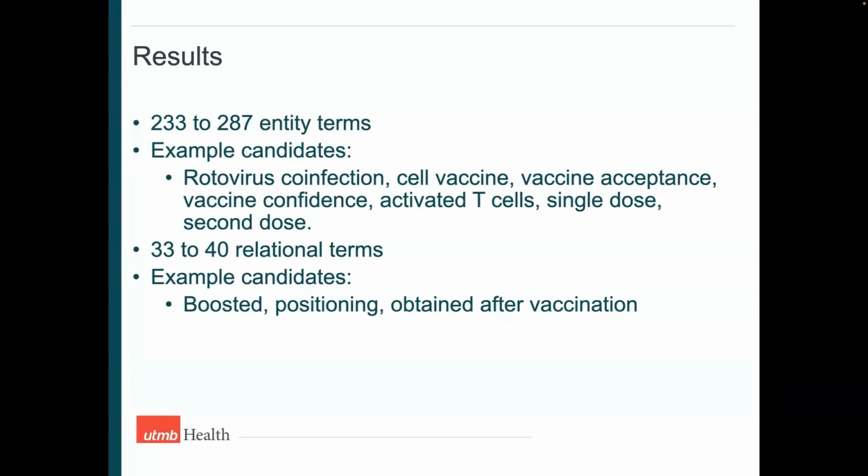A simple relational term like cause has numerous nuanced causal relationships, about 189 types, so there are varying degrees of it. However, there are some relational terms that could be considered, like boosted, positioning, or obtained after vaccination, as possible object properties for inclusion.